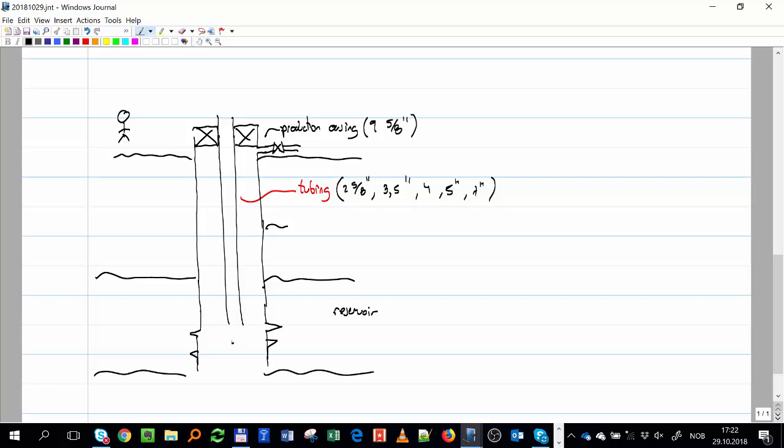Okay, so how do we call this point here? Let's start to put names. The bottom of the well, right? Bottom hole. And that's very important, the first point that we have to define. The bottom hole is the point that is in front of all perforations.